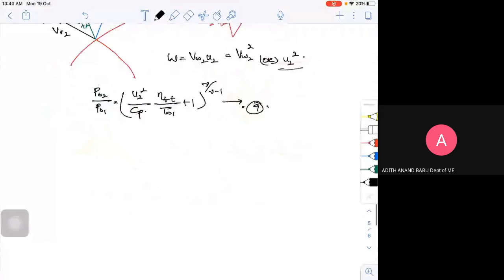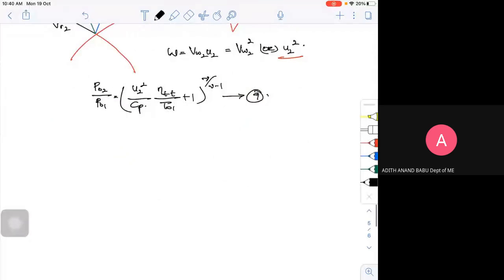Now, these are the ideal conditions. There is an actual condition also. To understand this actual condition, we need to study slip and slip factor.